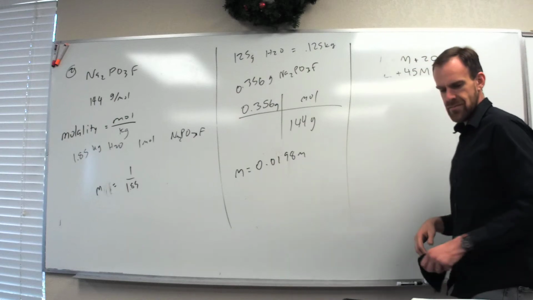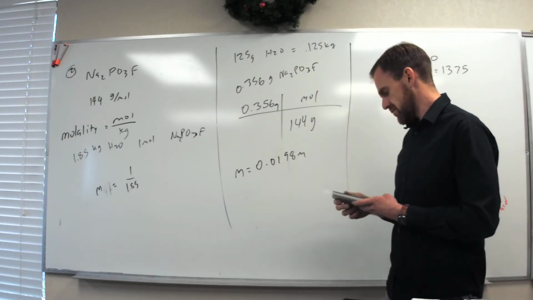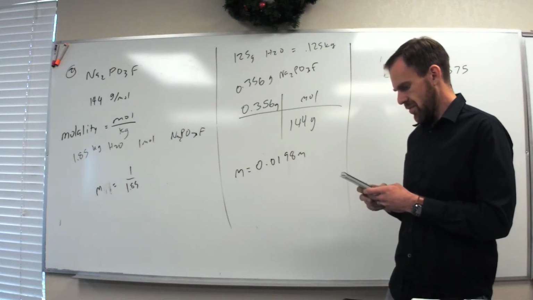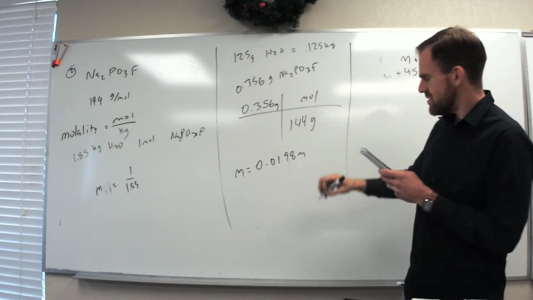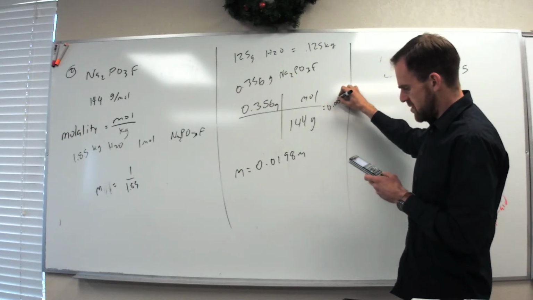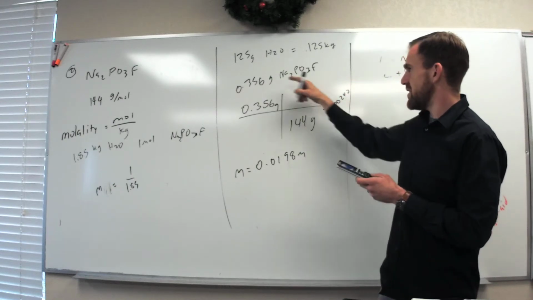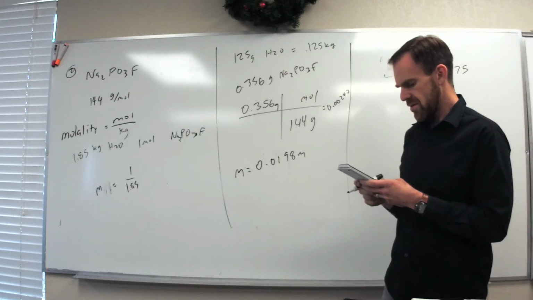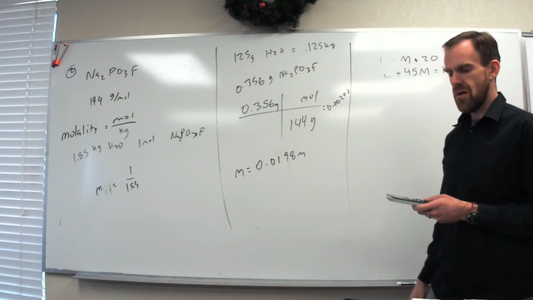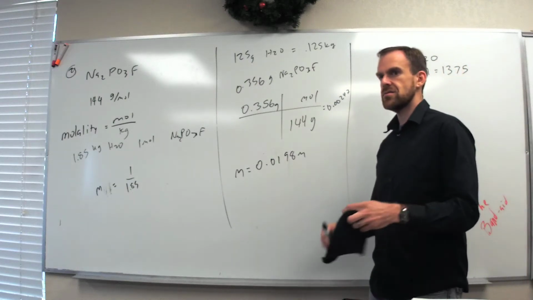So that is 0.00247. Divide that by 0.125. And you get that. Is this a different problem?